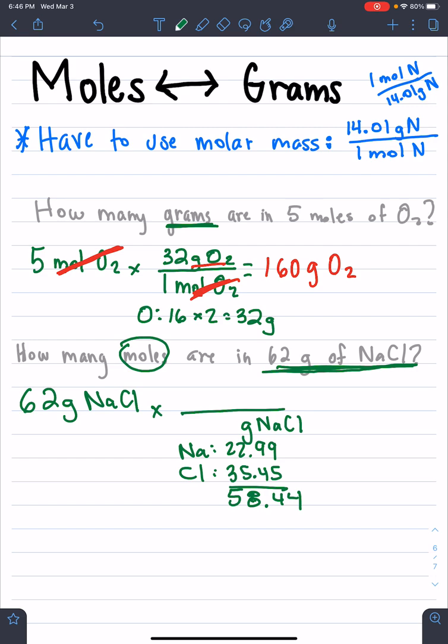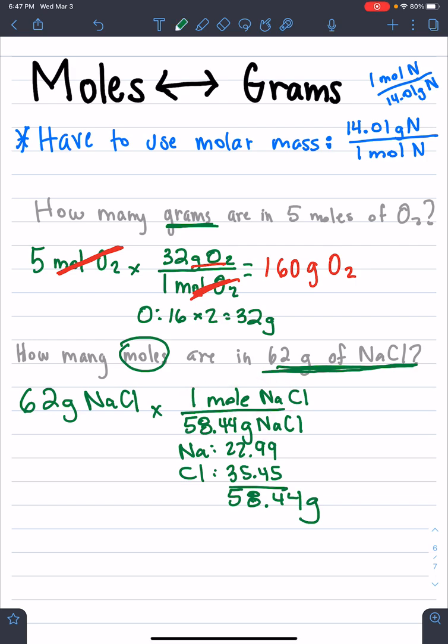We're going to use that as our grams of NaCl. So in 1 mole of NaCl, we have 58.44 grams. That's how we figure out that fraction: we figure out our molar mass, and that's it for each mole. 1 mole of NaCl is that many grams.